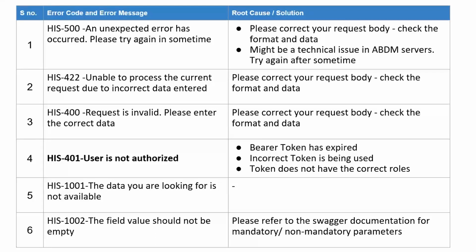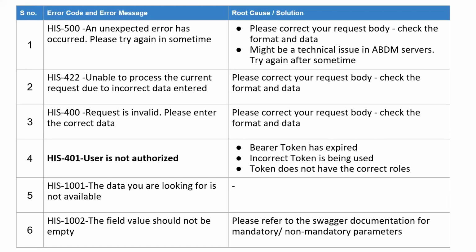We have a validation for the PHR address name: capital letters, and apart from that you can add one special character along with numerals, not in sequence. If you pass a sequence of numbers, you get this error. Along with that, you get a message telling you what the issue is.